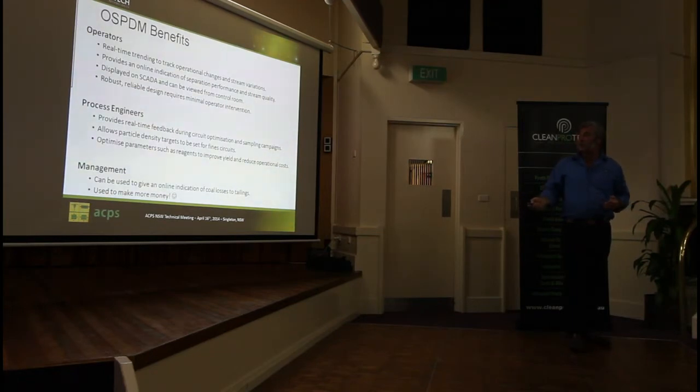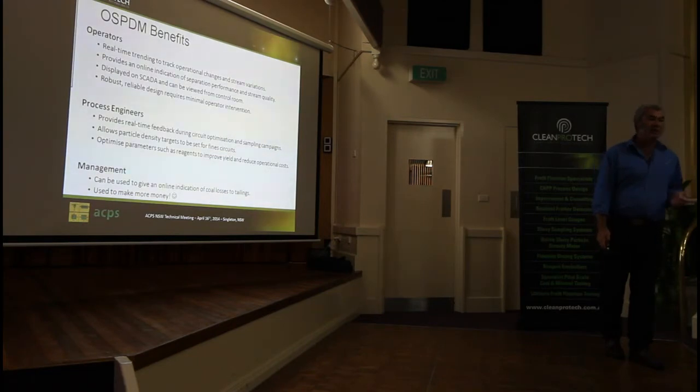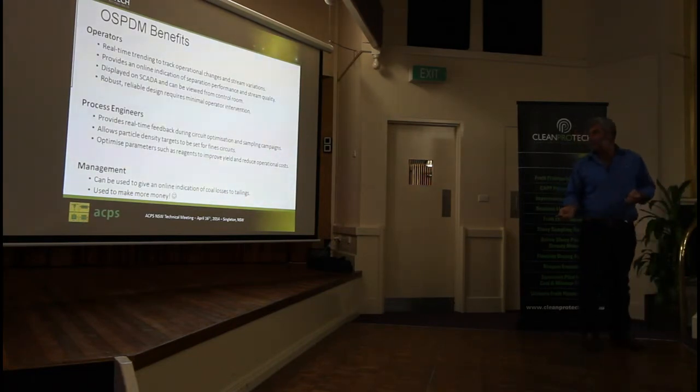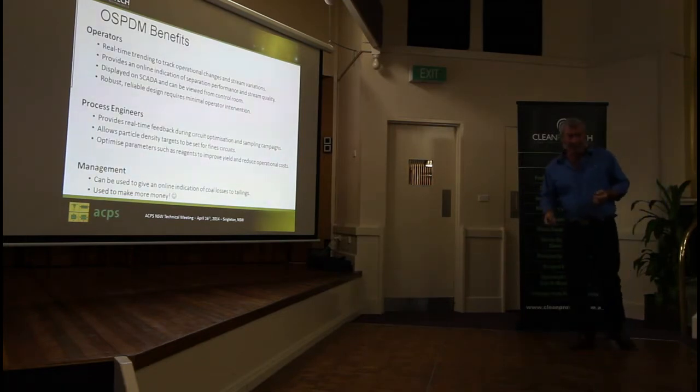Obviously, process engineers will be doing pretty much the same thing, and they can also take that a bit of a step further, create set points for the operators on flotation, which is very hard to do. Of course, from management, we want to look at how much coal you are losing in the tailings. If it's on the tailing stream, that's all about making money.